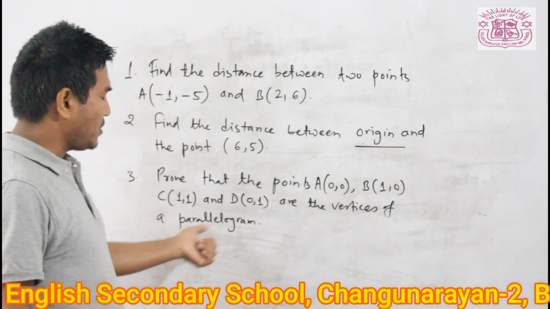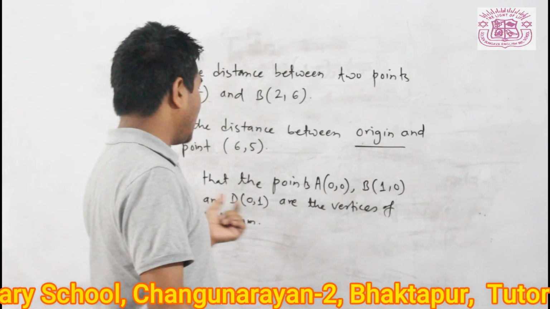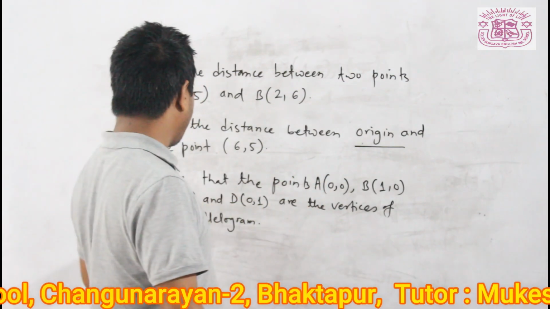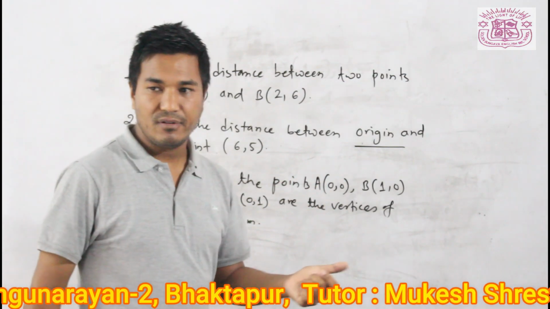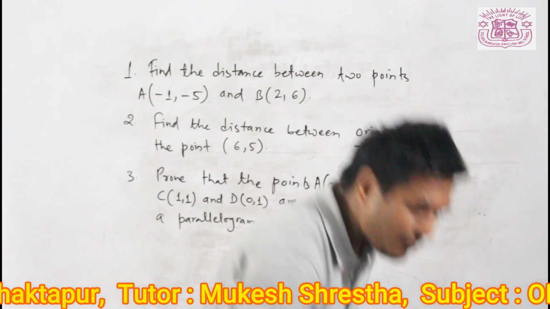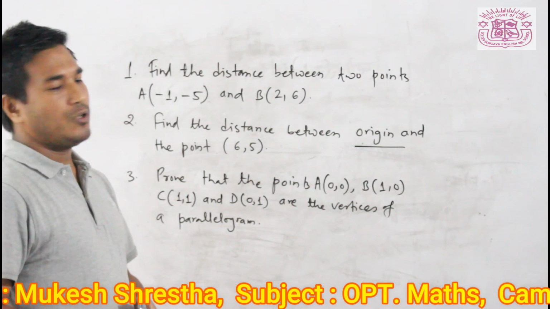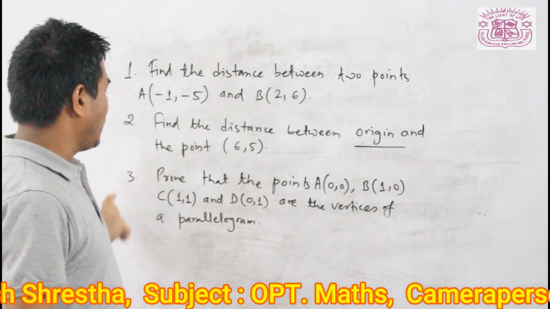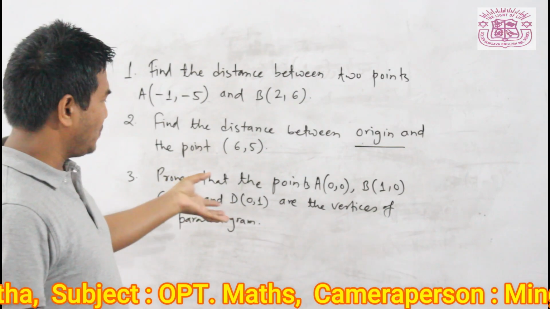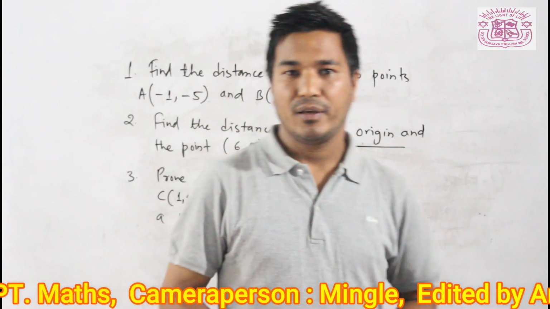For it, you have to find the distance of AB, then BC, then CD, and then DA. After finding all of the distances, you can prove the given vertices are the vertices of the parallelogram.